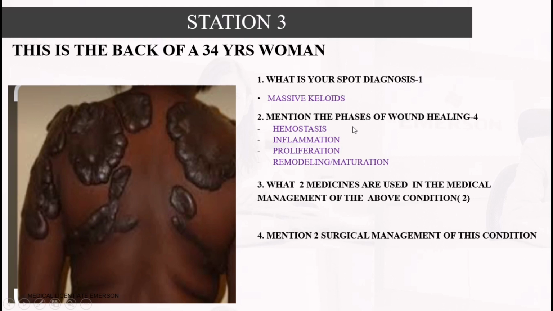They can ask you phases, or they can change it to stages of wound healing. They are not much different, they have the same things, so take note of the stages as well. These are the phases: hemostasis, inflammation, proliferation, and maturation or remodeling.